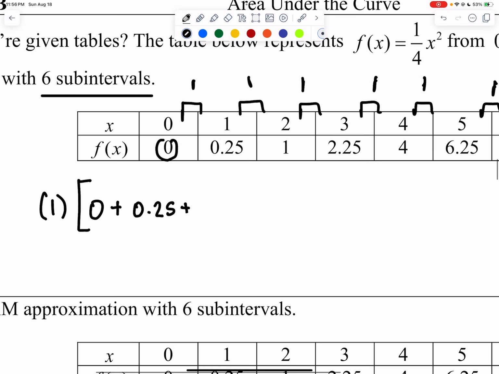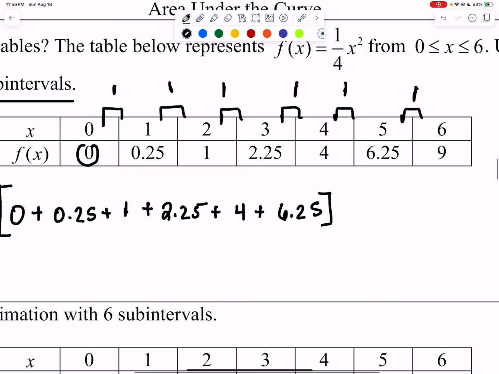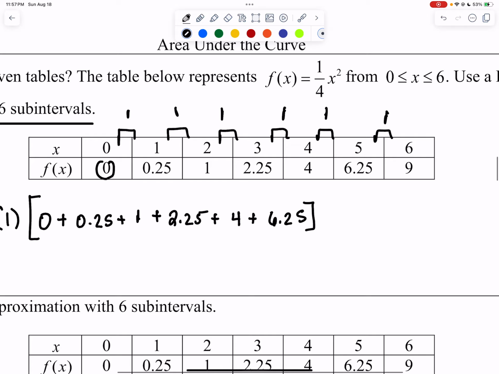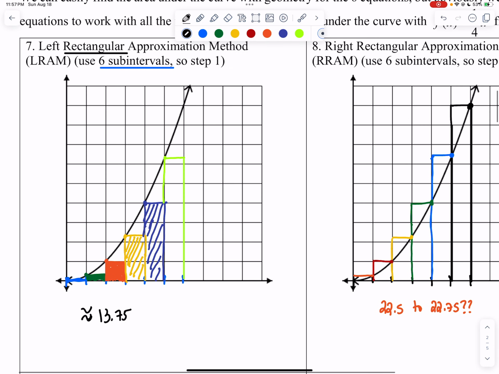Now, at 2, my height was 1, 2.25, 4, 6.25. The only thing that we did not take into account was 9, because we stopped at 5 here.